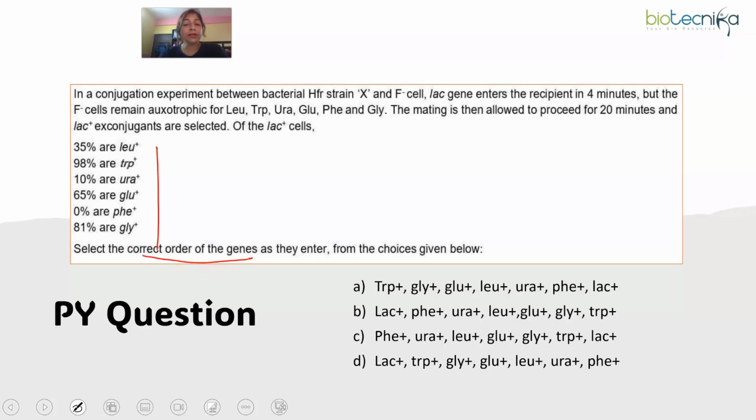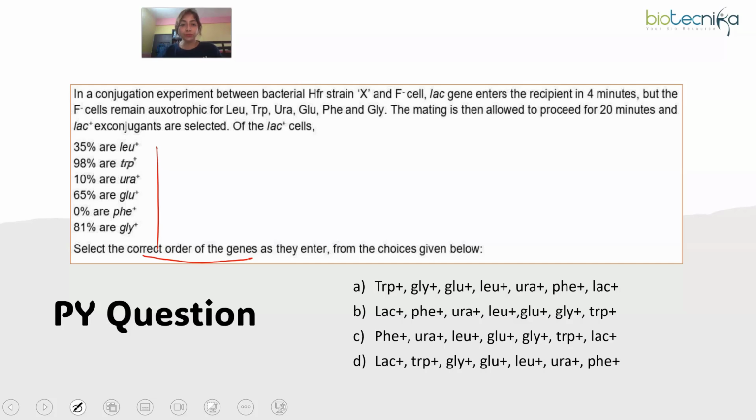Now what concept do we have to apply here? In an interrupted mating experiment, when the Hfr cell is conjugating with the F- cell, physical contact is necessary. Sometimes, if the genes are placed very far apart, a lot of time will be taken for the transfer, which means the two cells have to remain in physical contact for a long time. That becomes difficult for the bacterial cells, because they are constantly in Brownian motion.